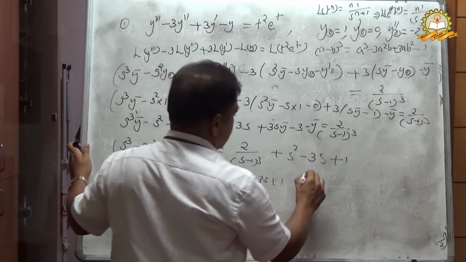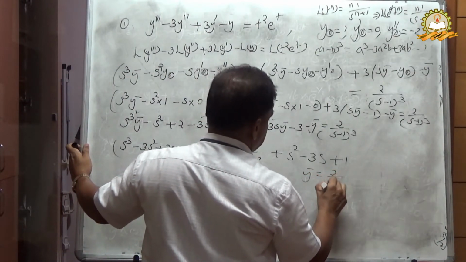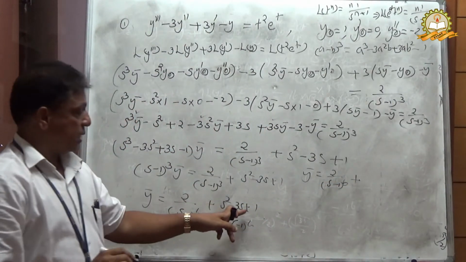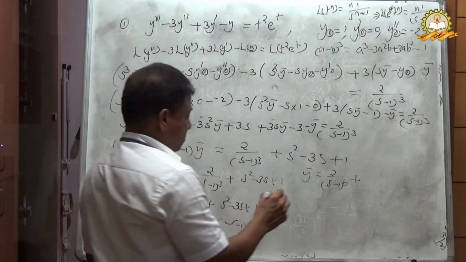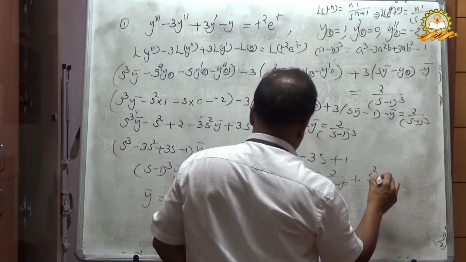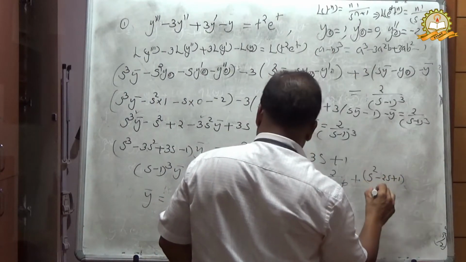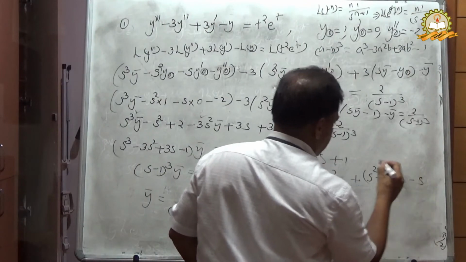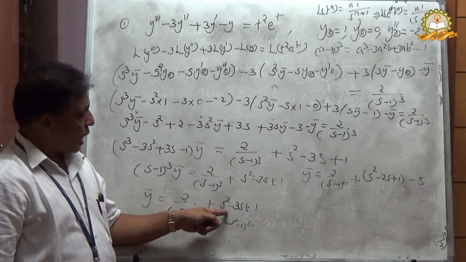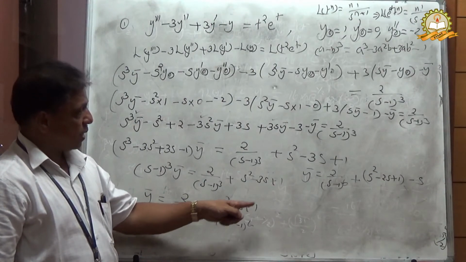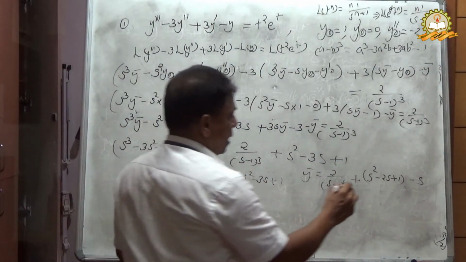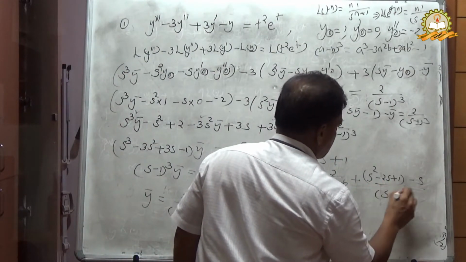This can be taken as y bar is equal to 2 by (s minus 1) whole raised to 6 plus s square minus 3s plus 1. S square minus 3s plus 1 can be split into s square minus 2s plus 1, then one more minus s taken outside, divided by (s minus 1) whole raised to 6.